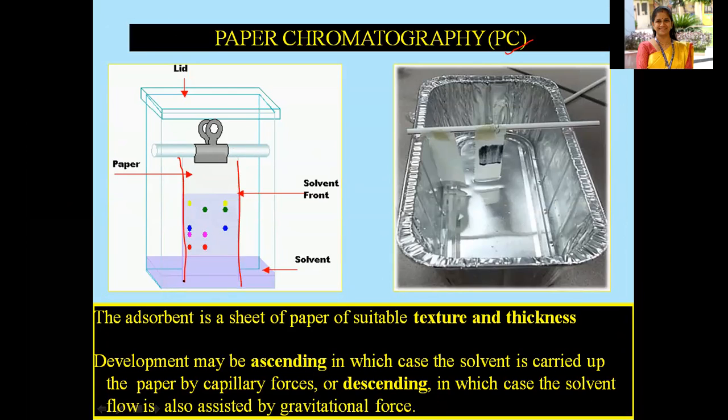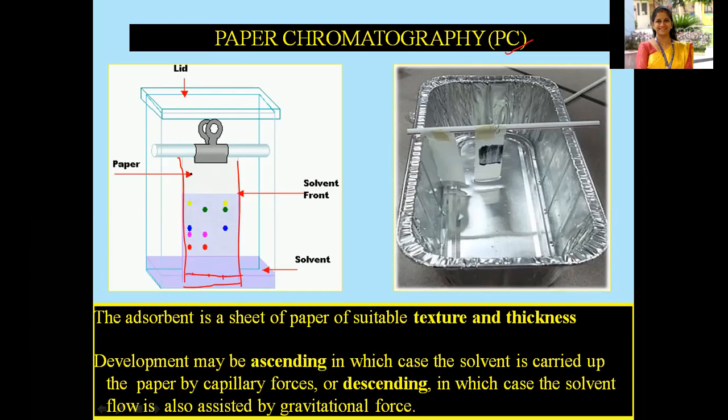After taking this, they made a spot by drawing one particular line, on top of this one, outside the container. They put the sample here: one sample, here one sample, and here one sample. So three samples they have put.